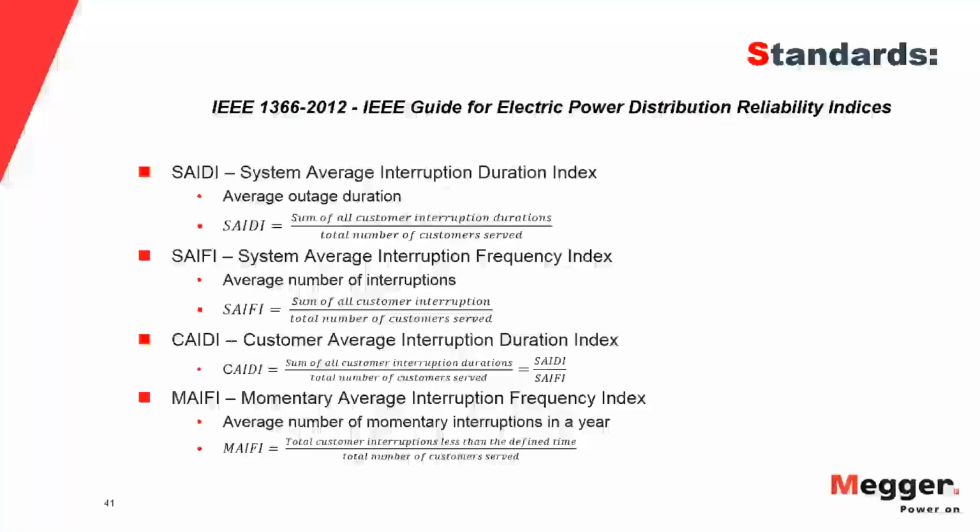I guess that's common knowledge, but just to know that utilities sometimes have to respond to regulatory bodies, and they have to keep these indices within acceptable parameters, acceptable limits.